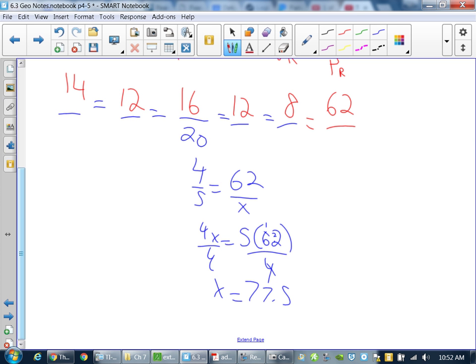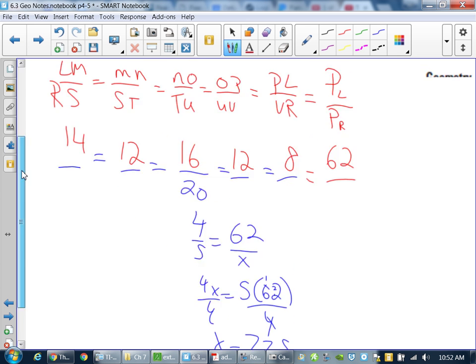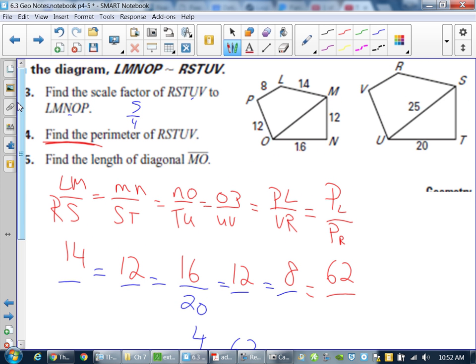Now, the other question asked me, what is the corresponding diagonal? So remember, whenever you're dealing with similar figures, all the corresponding parts are going to have the same ratio. You know that the one diagonal SU is 25. That one is on the right, so it is a denominator.